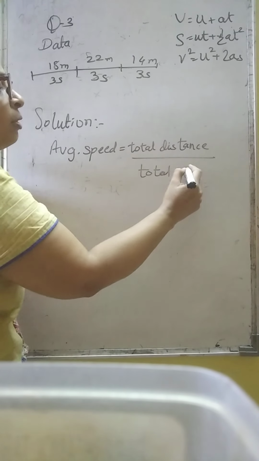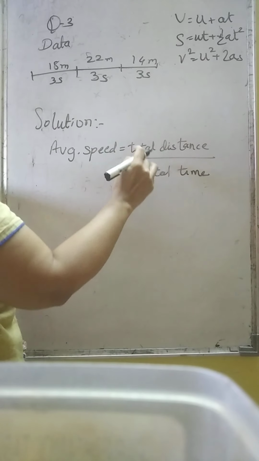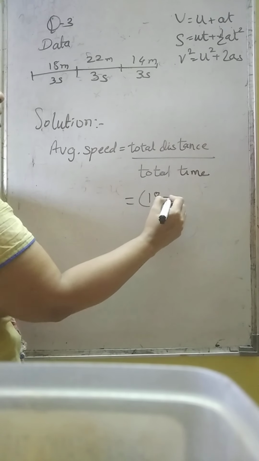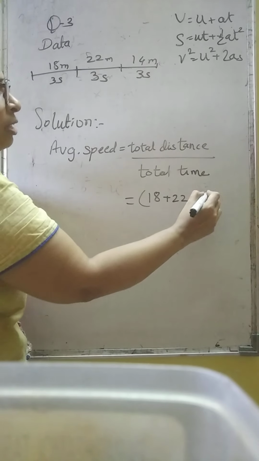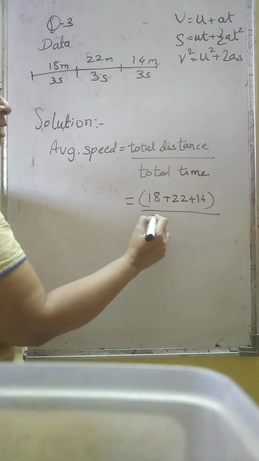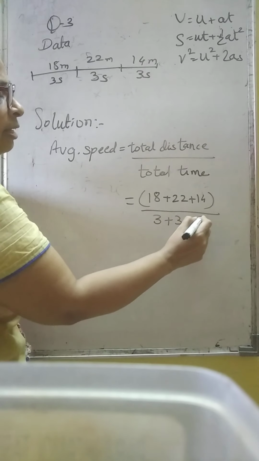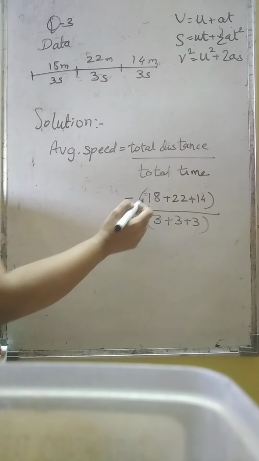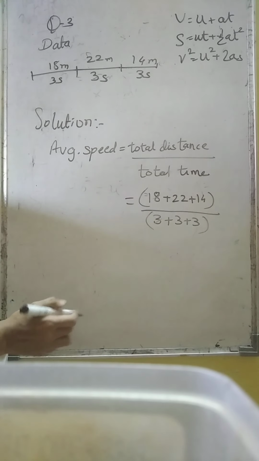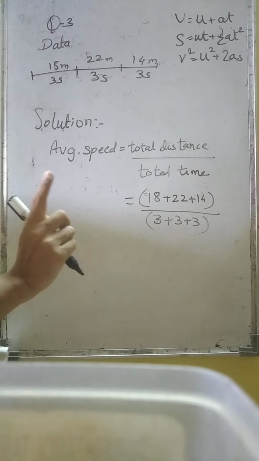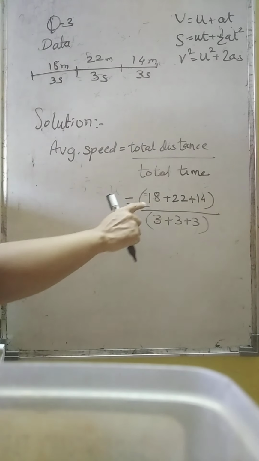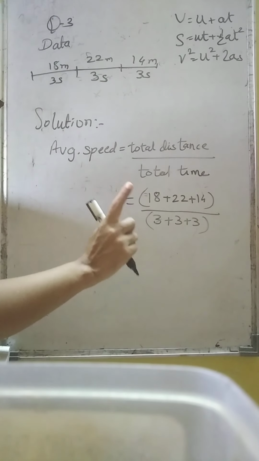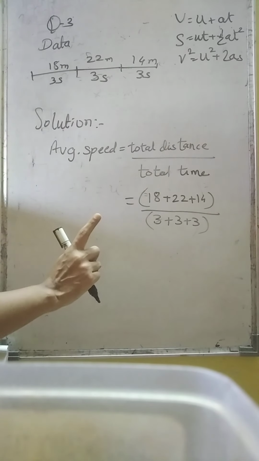So total distance upon total time. Total distance is, come on, I have to do the addition, 18 plus 22 plus 14. And in time, 3 plus 3 plus 3. Now children tell me, should I cancel 3 with 6 and 18 or not? Never. You are not supposed to do this. You can do cancellation only when you have just multiplication.